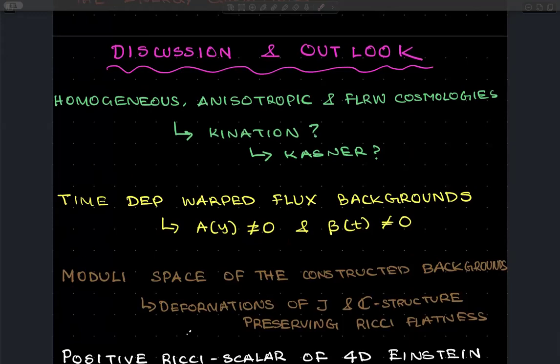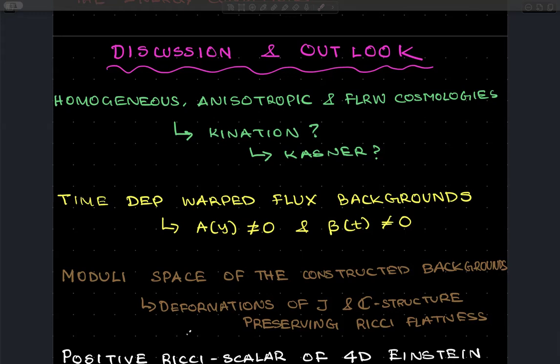So lastly, I'll discuss some of the things that came out of this. In all of the cases, the strategy was the same. We were trying to look for internal manifolds which are Ricci flat.